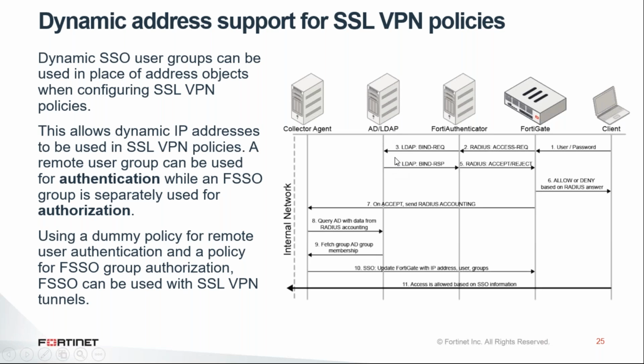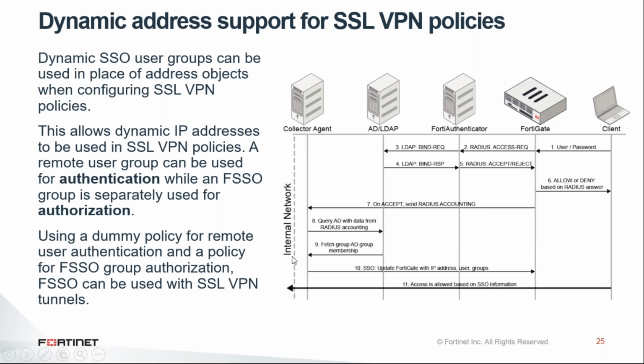Let's assume that's okay, feedback again to the authenticator, feedback again to the FortiGate, and the user does receive an authorization okay. What the FortiGate now will do is send an accounting request, an accounting packet, to the collector.